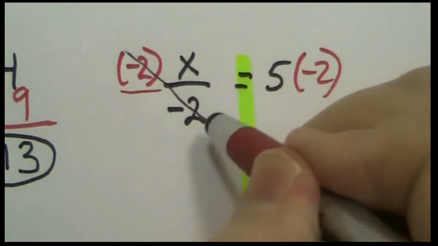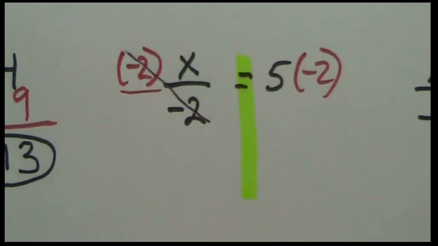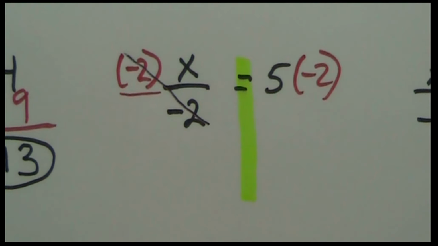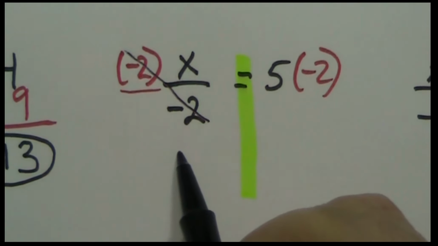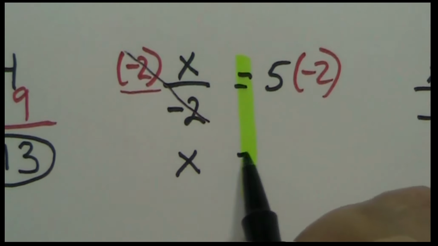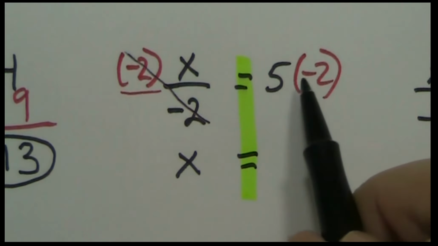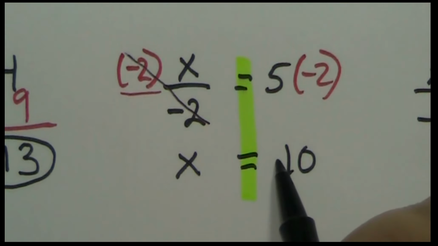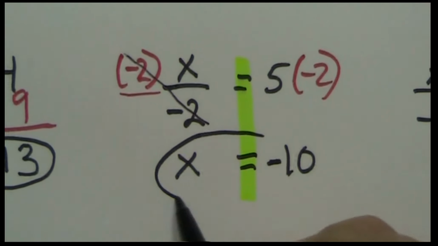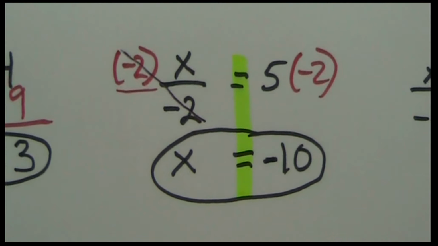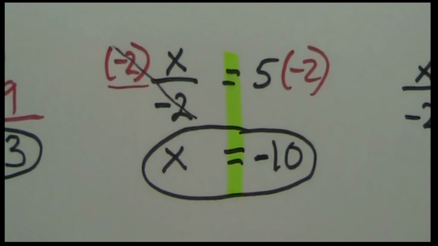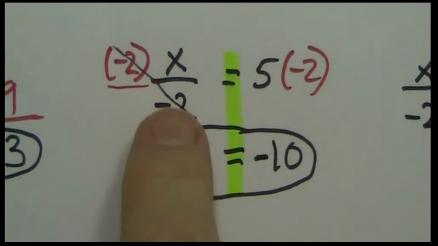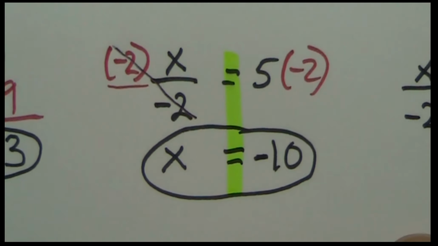It's becoming a 1. -2 divided by -2 is 1, and that leaves you with the variable x. Bring down the equals. 5 times 2 is 10, but there's one negative, so it's -10. All right, so we got rid of the coefficient.